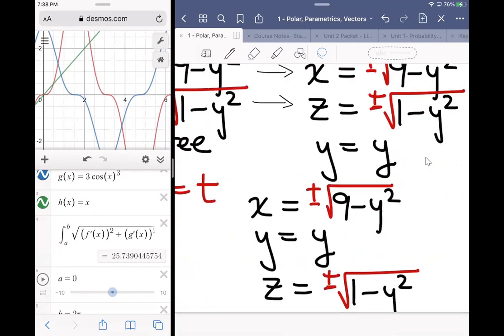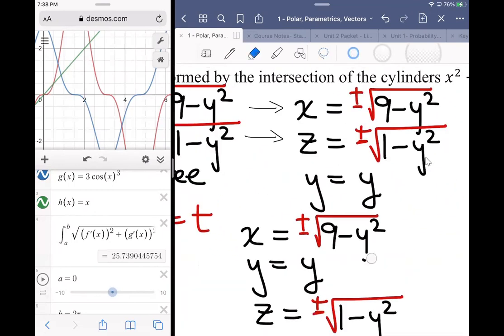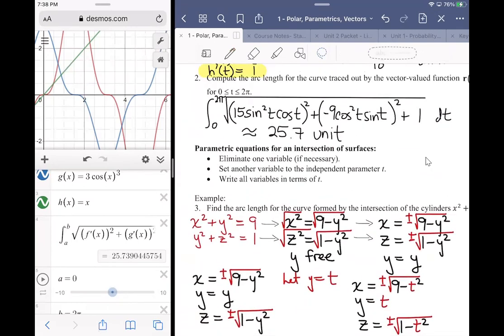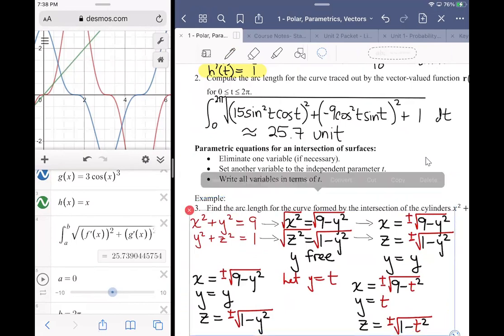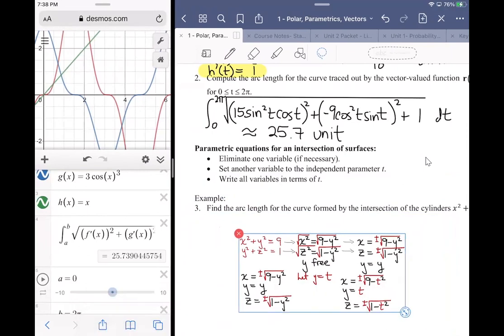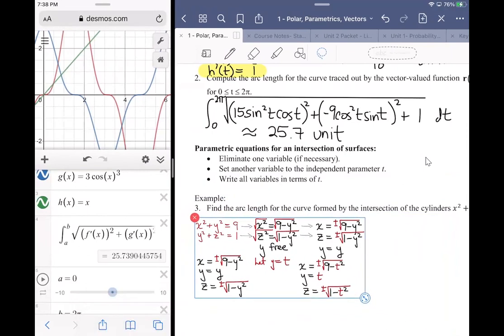So all my y's are going to get swapped out for t's. I'm going to resize in a sec. All right.